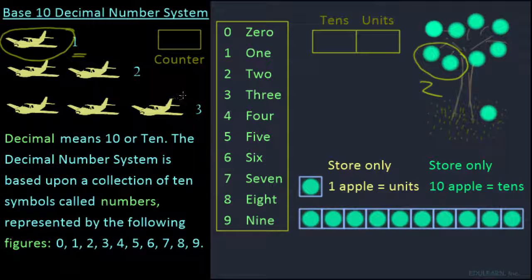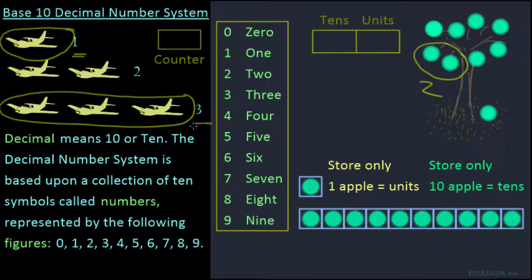But if I select this, and I have a 3, and then I select this, and I have a 3, there is a similarity between these aeroplanes and these apples.